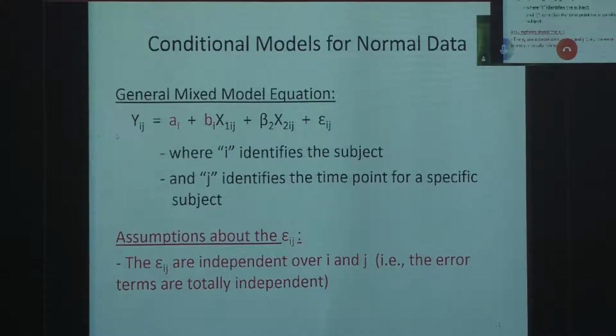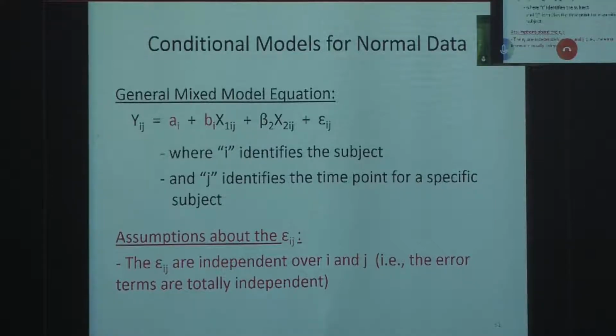So this is now the equation. Structure is the same. I is still with the subjects. J is still specific time points. I'm still going to use this model for my CD4 counts for longitudinal data. But the noticeable difference is here and here. Instead of alpha, this is now an A. Instead of beta, this is a B. And for statisticians, this is an important distinction.